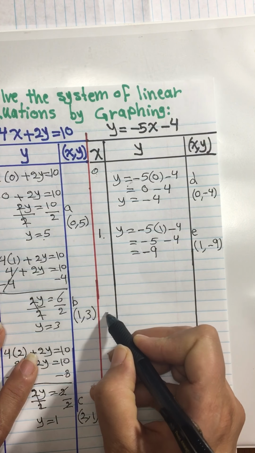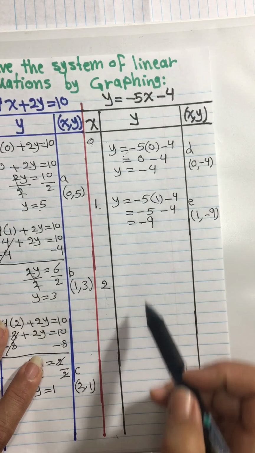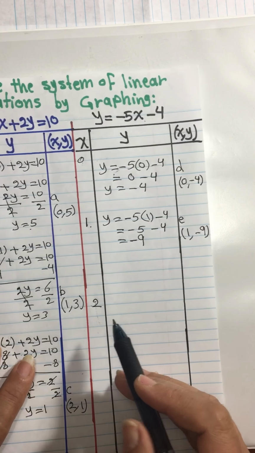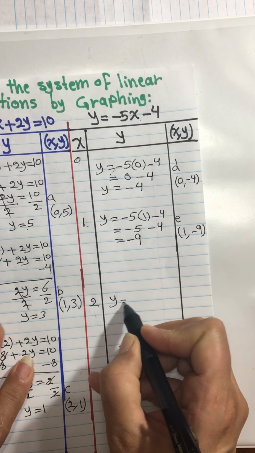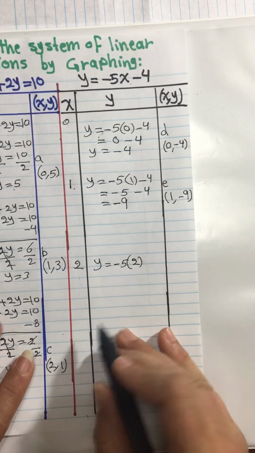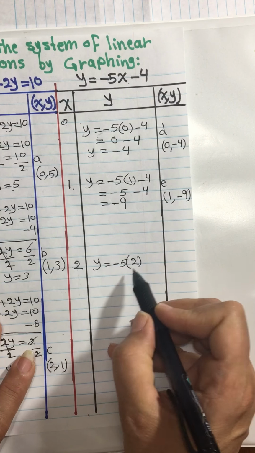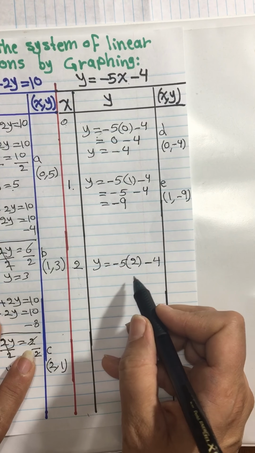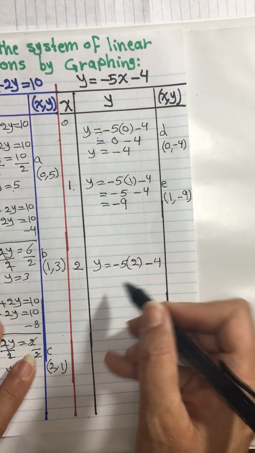Then I'm going to pick 2. So x equals 2. I'm going to substitute it in the equation. So I have y equals negative 5 times 2. I always put parentheses, minus 4, because I have to organize my work.